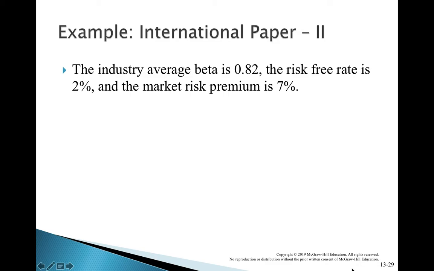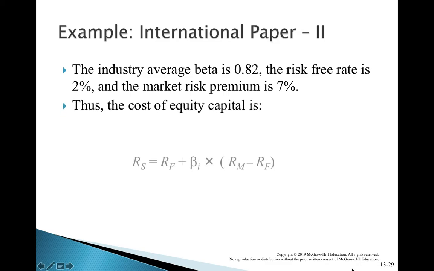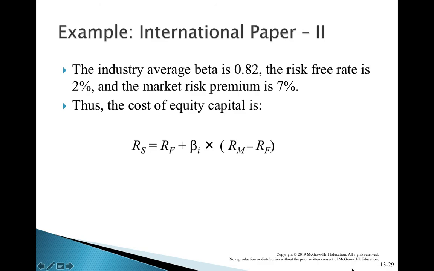Market risk premium is 7%. Calculate the cost of equity using the CAPM. Risk-free rate of return 2% plus 0.82 multiplied by 7% is equal to 7.74%, which will be the cost of equity. All right, I think it is clear to everyone. For International Paper, the cost of equity will be 7.74%.